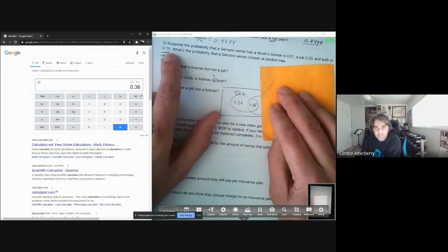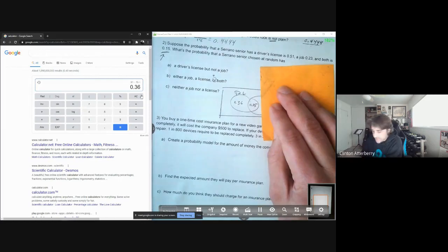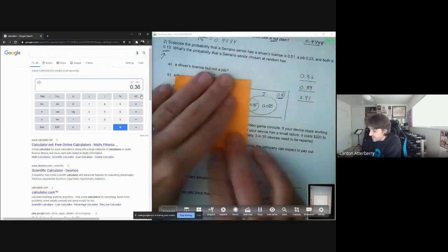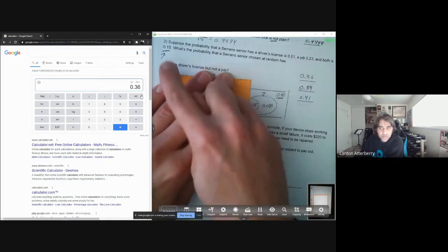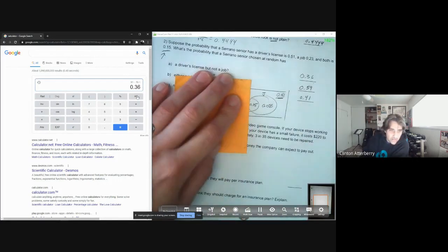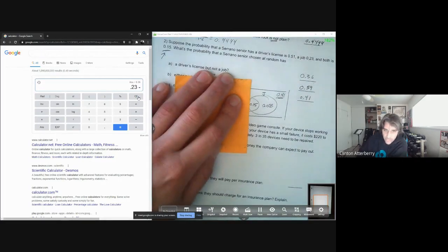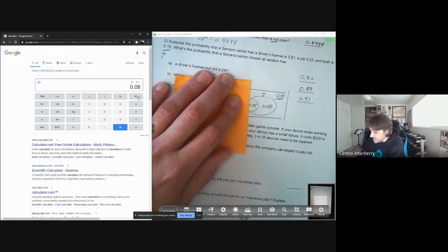Take out that 15%, and that leaves us with just the 36% that's only driver's license people. And the same is true for the job people. This says 23% have a job, but knowing that 15% have a license and a job, we're able to deduce that that's 8% only. So 23% have a job, take away the 15 who have both, and the remaining amount, 0.08, are people with a job but with no license.